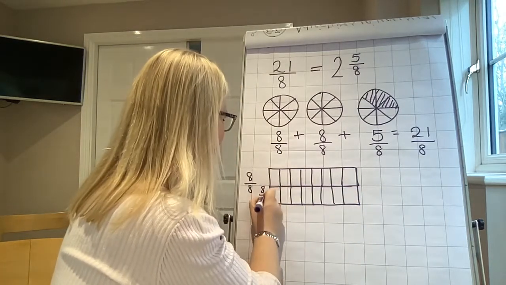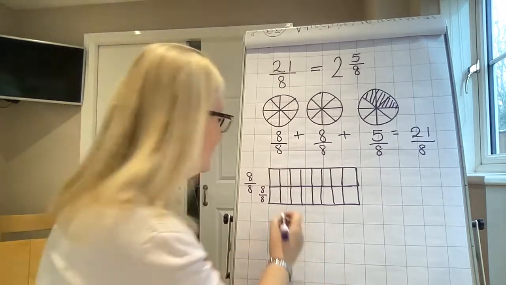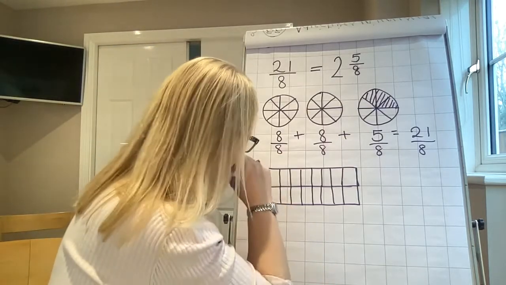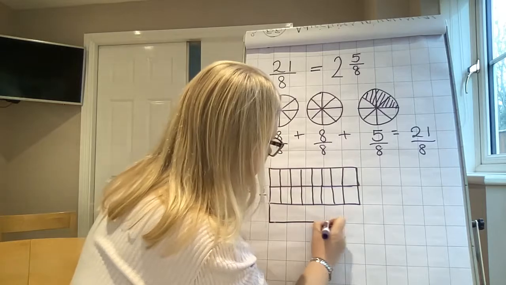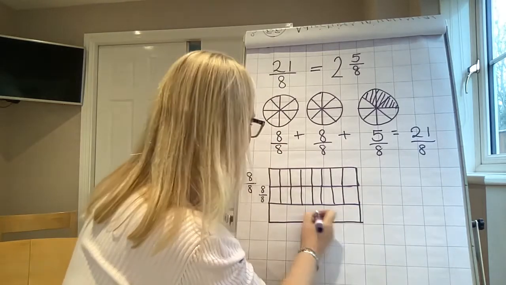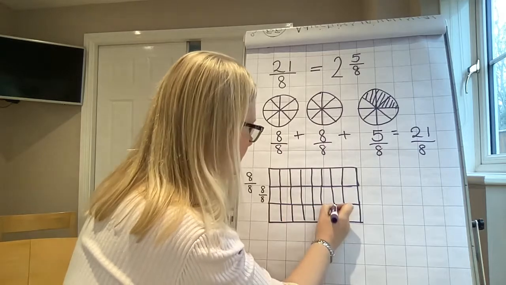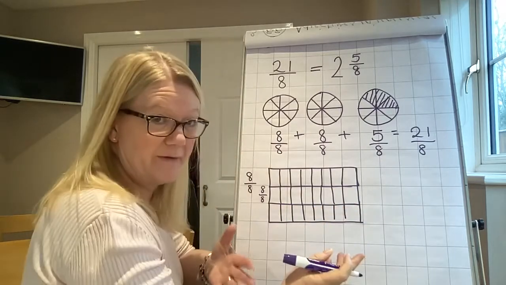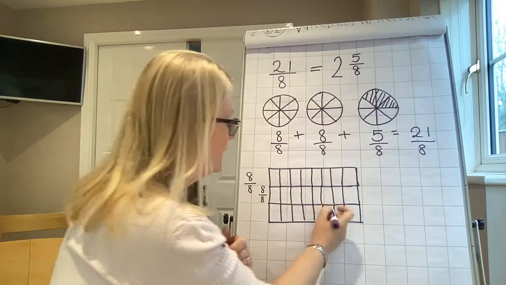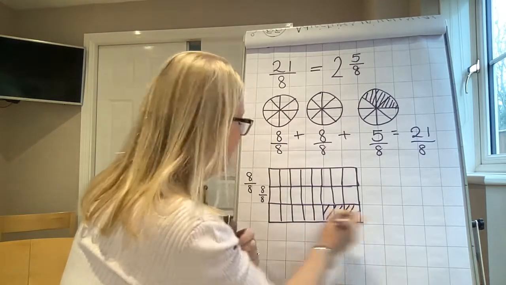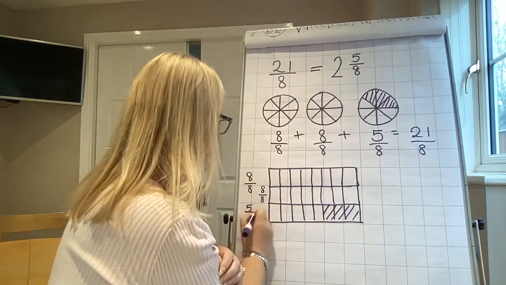I've got 8 eighths there, and again I need to go down. There's my whole. But I only want 5 of these, 1, 2, 3, 4, 5. So again, let's get rid of the last 3, and I have got 5 eighths.